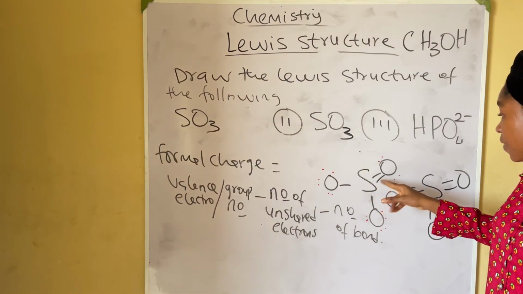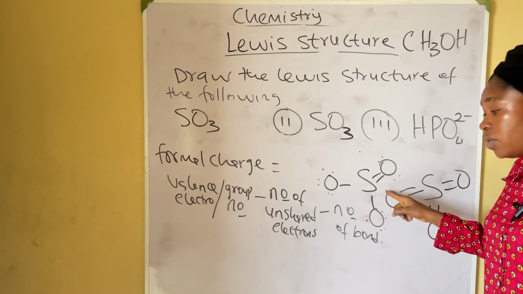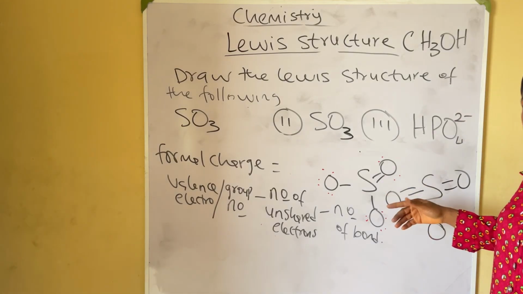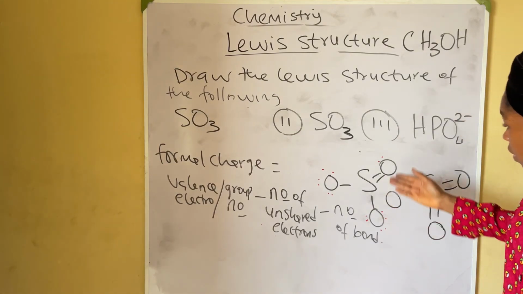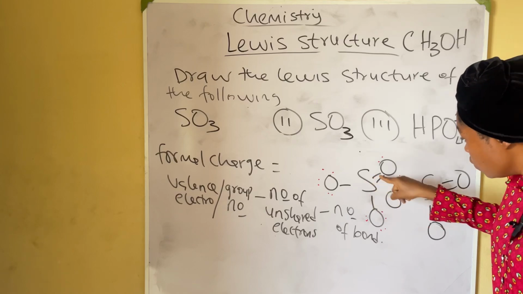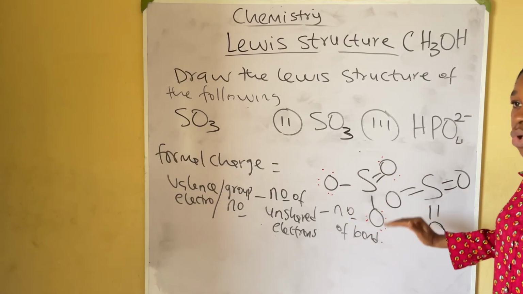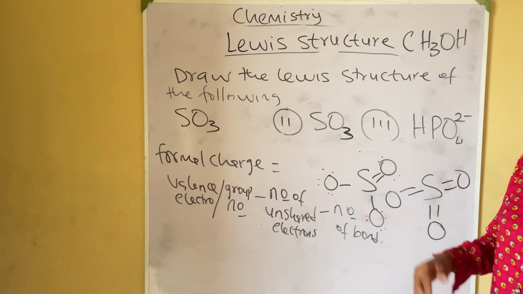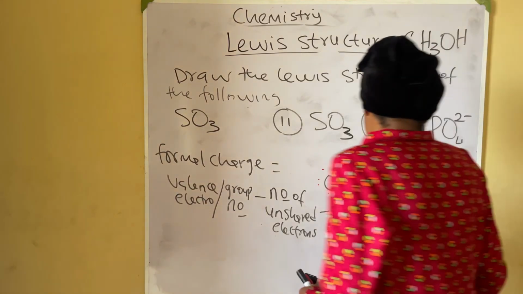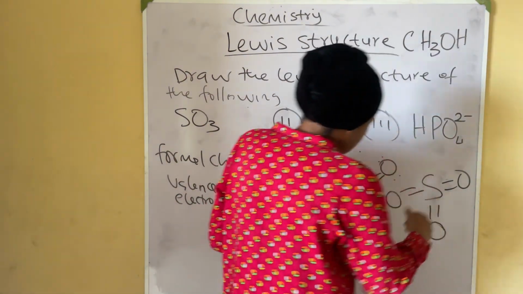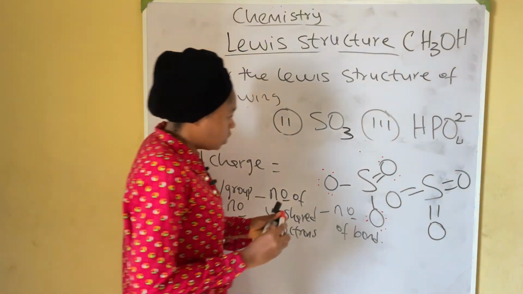If you look at this, the oxygen with the double bond has attained what? Octet configuration. It has 8. What of sulfur? 2, 4, 6, 8, it has 8. All of these oxygens, the same thing. All of them have attained octet structure. Let's look at the one that will give us the most stable structure between this structure and this one.